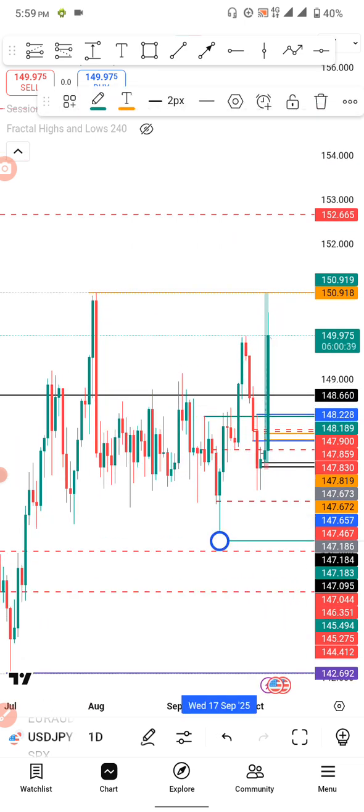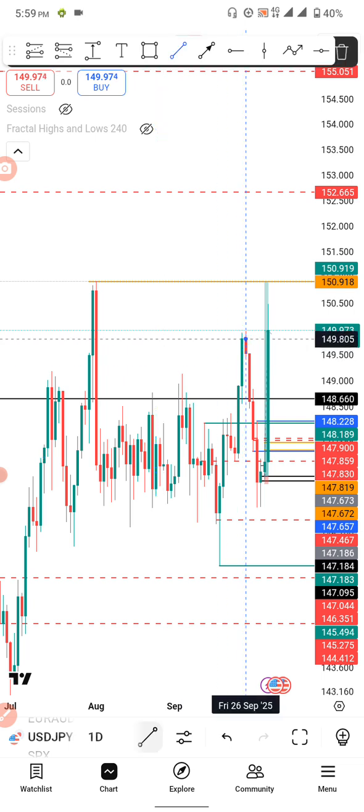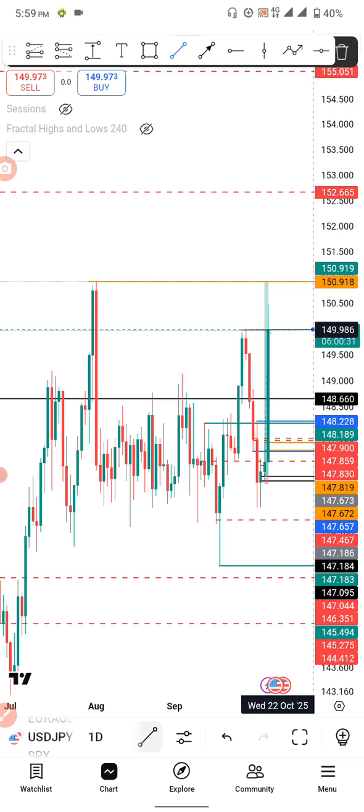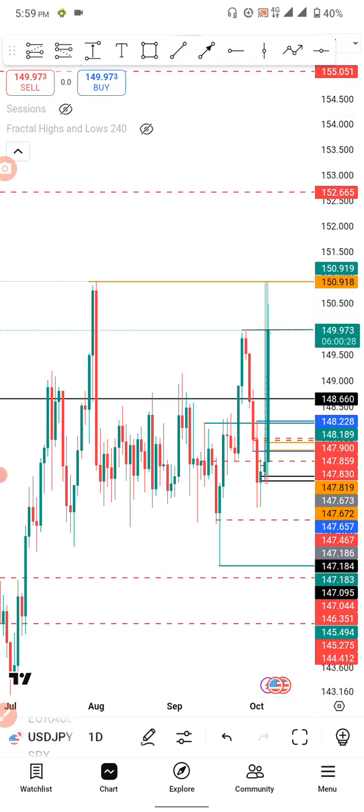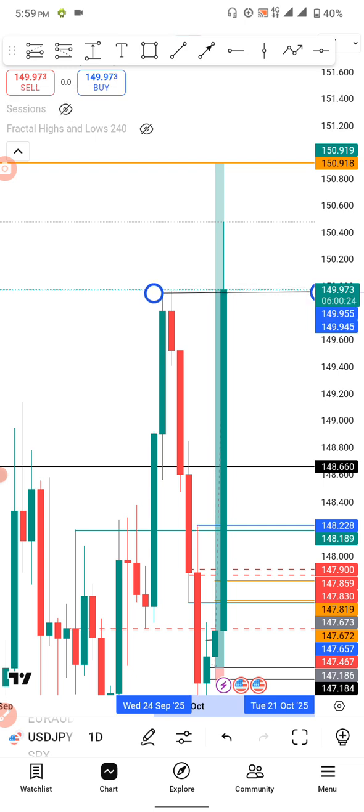Now I think if this market closes above here with daily, remember daily is the one that forms for us the continuations and the retracements.